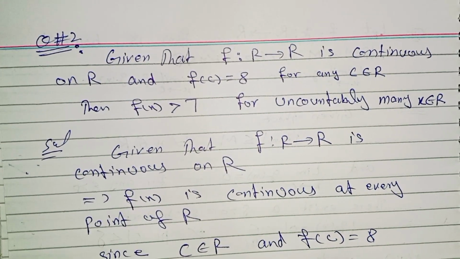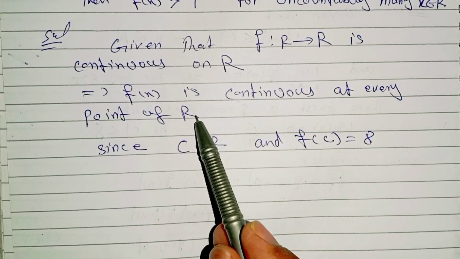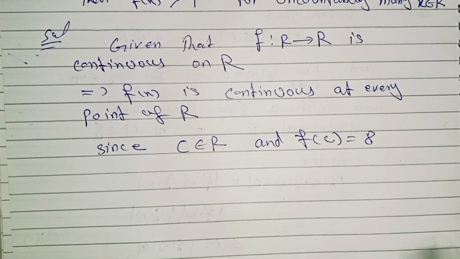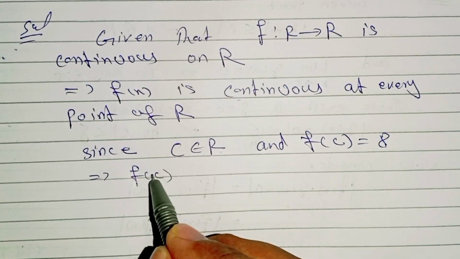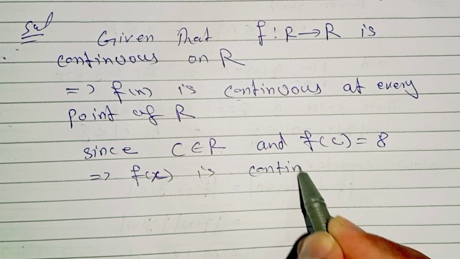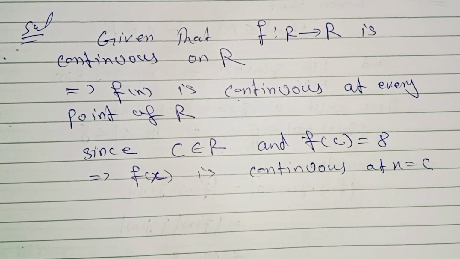Since c is a real number and f is continuous at every point of R, therefore f(x) is also continuous at c. This implies that f(x) is continuous at x equal to c.